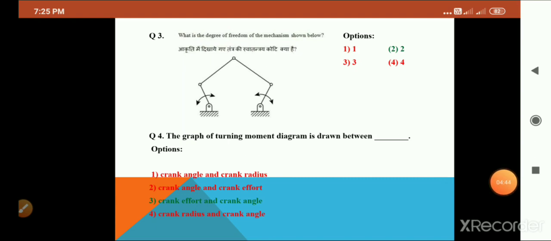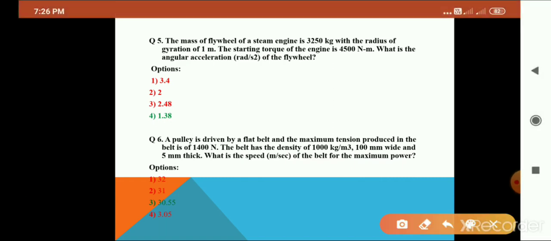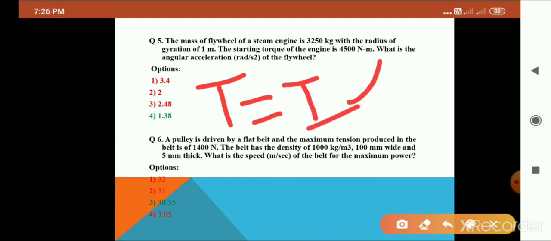Come to the next question. The mass of the flywheel of a steam engine is 3250 kg with the radius of gyration 1 meter. The starting torque of the engine is 4500 Newton meter, and what is the angular acceleration of the flywheel? So for solving that question, we have to know the equation, that is T, torque, equals I into alpha.